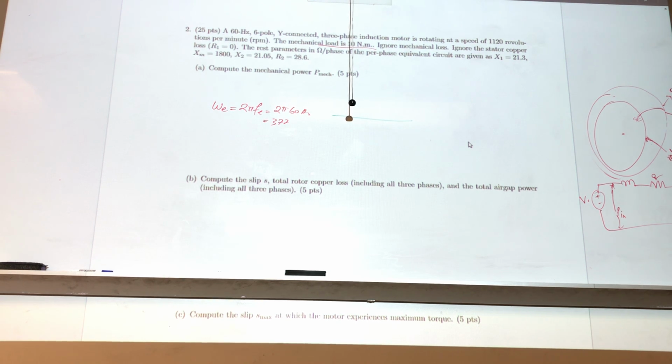Oh, it's just P mech equals omega E times T mech. Okay, so we're using that. Let me check the calculator here.